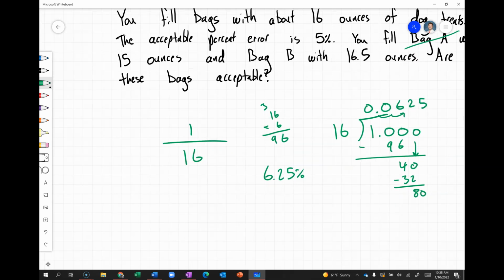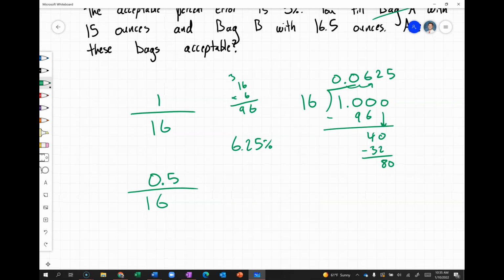Now let's look at bag B. So the target was 16 ounces. We filled it with 16.5 ounces. So 16.5 minus 16, that's an error of 0.5 ounces. Again, divided by our target amount of 16.